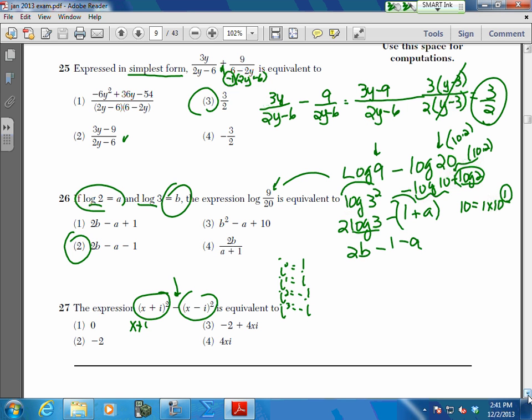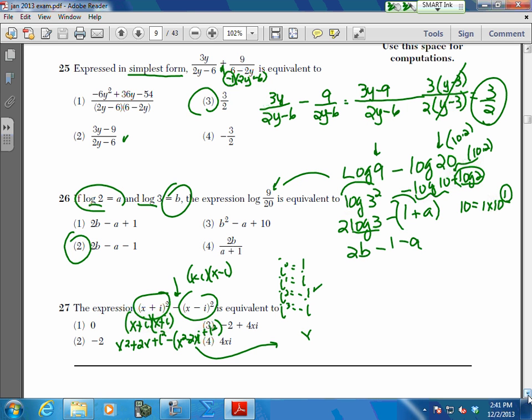This says do x plus I times x plus I. This says do x minus I times x minus I. So when we FOIL these out, we get x squared plus 2xi plus I squared minus, in parentheses, x squared minus 2xi plus I squared. Now, I squared is negative 1.